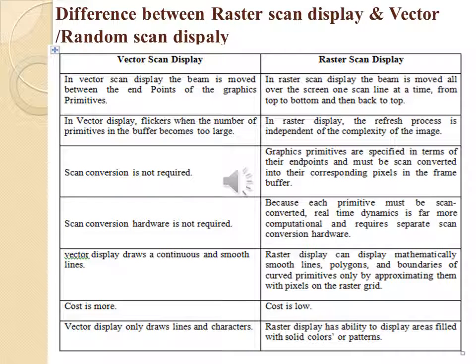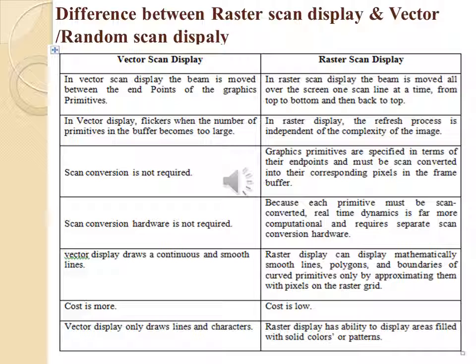The difference between raster scan display and vector scan display. In vector or random scan display, the beam is moved between the endpoints of the graphics primitives, and in raster scan display, the beam is moved over the screen, one scan line at a time, from top to bottom and then back to top.